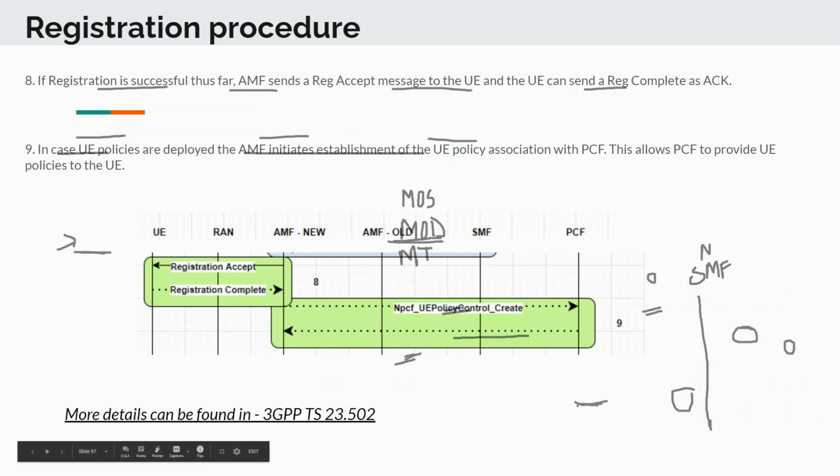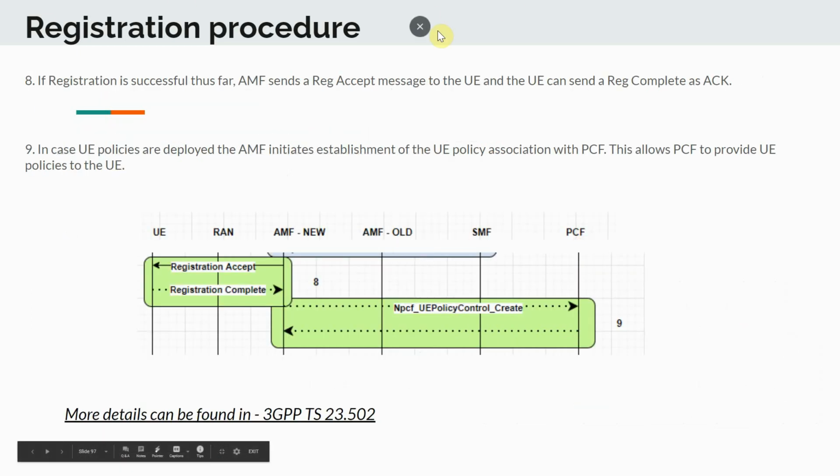And then if a registration is successful thus far, the AMF sends a registration accept message to the UE, and the UE can send a registration complete message. In case UE policies are deployed, the AMF initiates establishment of UE policy association with the PCF. This allows the PCF to provide UE policies to the UE.